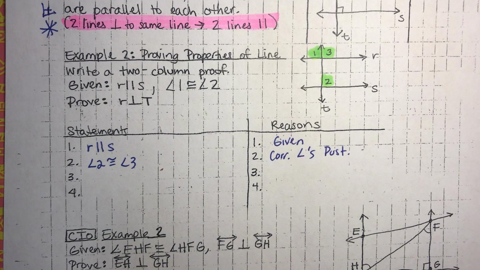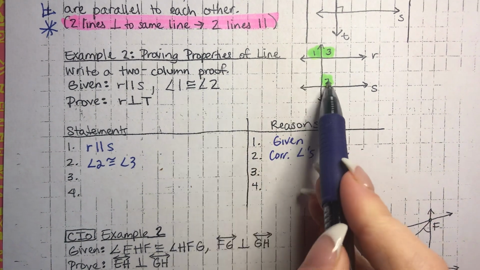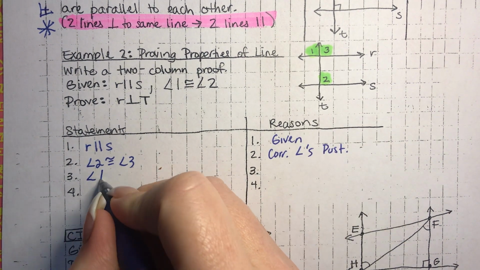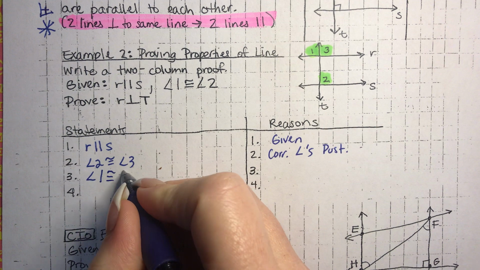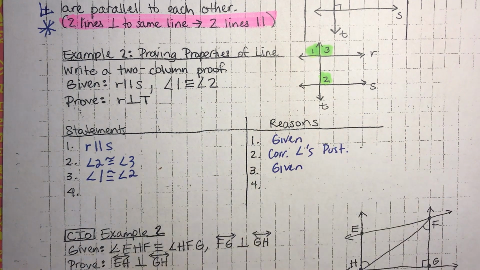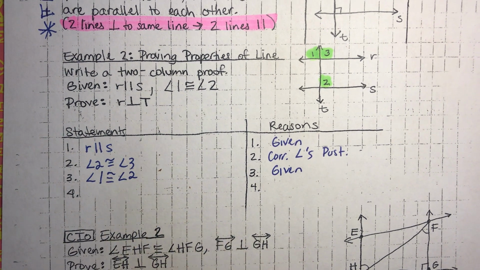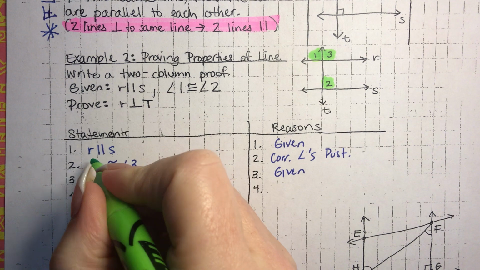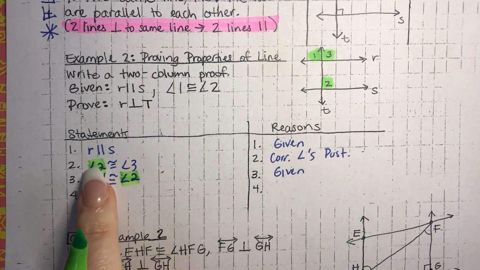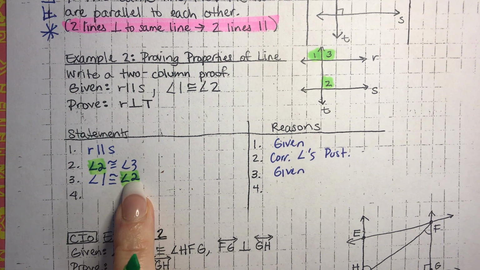All right, then we can throw in that other piece of given information. Angle 1 is congruent to angle 2. That's given. And then you can see that in this statement, do you see it? Angle 2 is here and angle 2 is here. So angle 3 is congruent to angle 2 and angle 1 is congruent to angle 2.